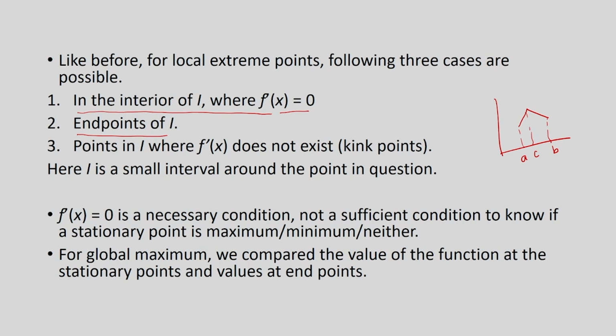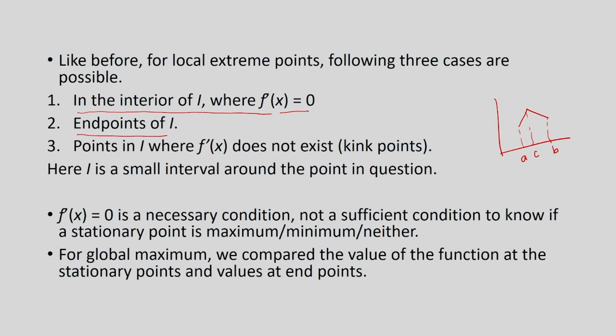So, this basically means that f dash of x equal to 0 is a necessary condition. It is not a sufficient condition to know if a stationary point is a maximum or a minimum or neither, because we have seen earlier that f dash of x equal to 0 is not going to imply that you have a maximum point there. It could be a point of inflection as well.